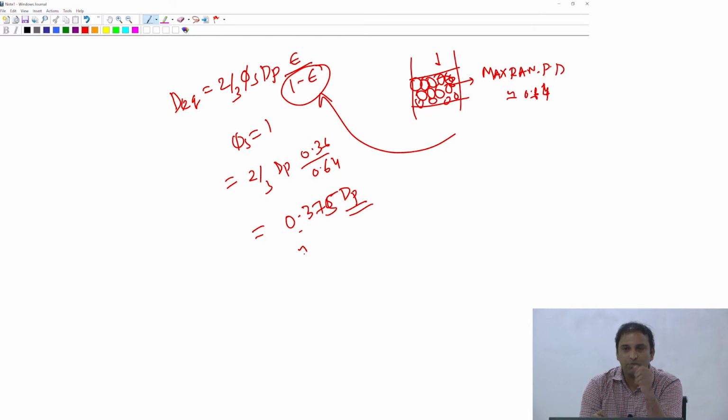That means the diameter of the channels through which the liquid flows in the packed bed is always less than the diameter of the particles that make up the column. That makes sense, because the liquid is flowing through the gaps available between the particles, so it has to be less than the diameter of the particle.